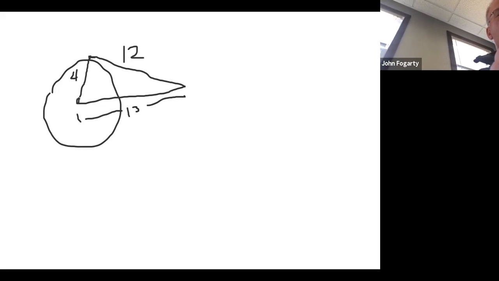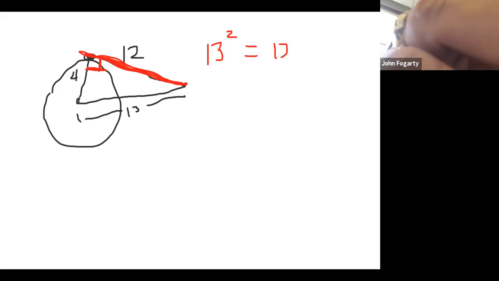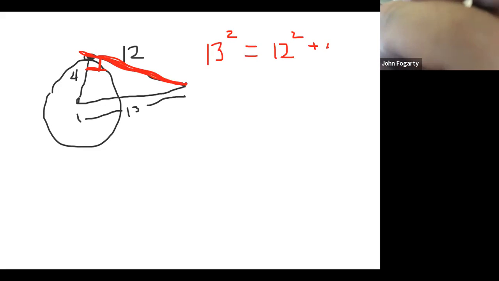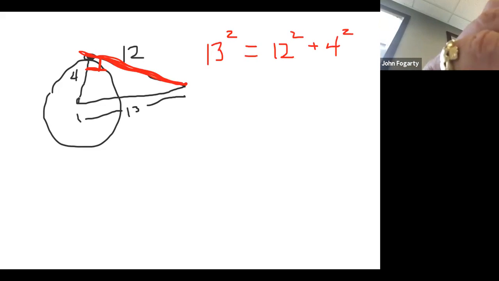Is this segment right here tangent? Well, if it was, this would be perpendicular. So I wonder if the Pythagorean theorem works. 13 squared, is that equal to 12 squared plus 4 squared?